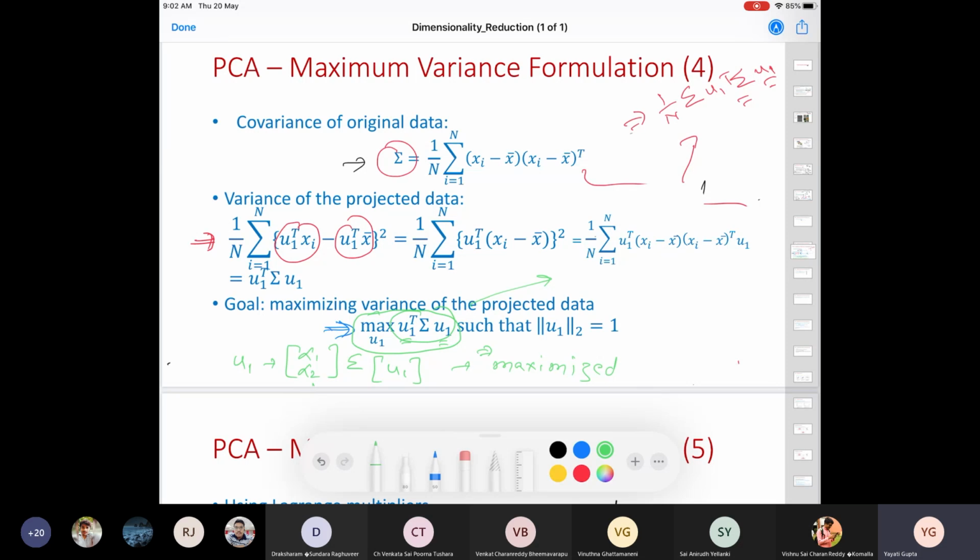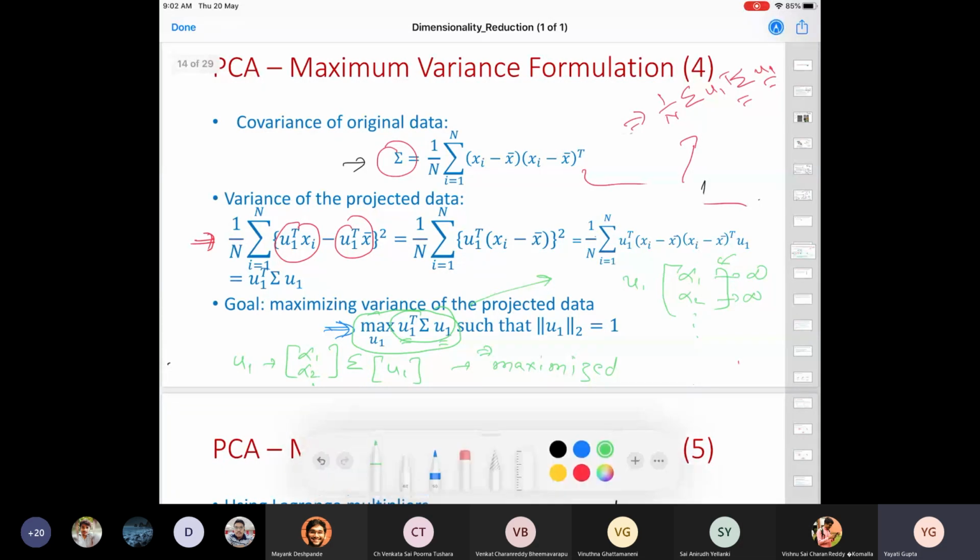Well, if you make it less than 1, then when you square it, it's going to be even less than 1. No, all I'm saying is, let's say there is no such constraint for now. I'm trying to explain the reason for that constraint. So if you look at u1, you have certain coefficients. Now if I set alpha 1 to be infinity and alpha 2 also infinity, or a very high number, let me give you a counter example.